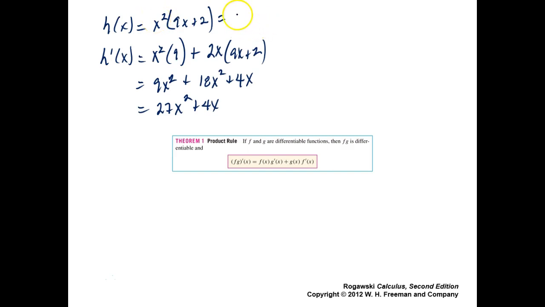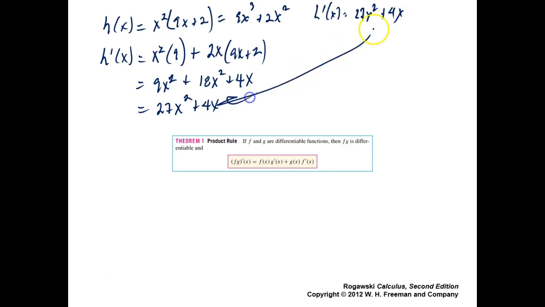What would that be? 9x cubed plus 2x squared. Now take a derivative of that. 27x squared plus 4x. And guess what? Same thing we got the other way, which should make us feel warm and fuzzy, right?